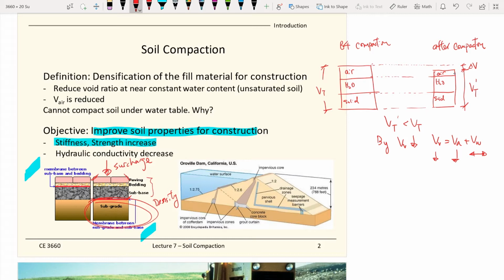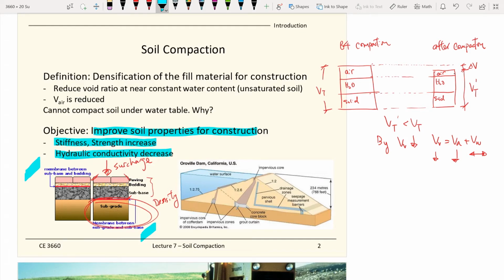So that's one purpose. The other purpose is that through compaction, we can decrease the hydraulic conductivity. Remember back in lecture 3, we talked about soil hydraulics, that clay has much lower hydraulic conductivity than a material like sand or gravel. But even for the same material, the same sand or the same clay, if you compact it, if you increase the density, you will lower the hydraulic conductivity.